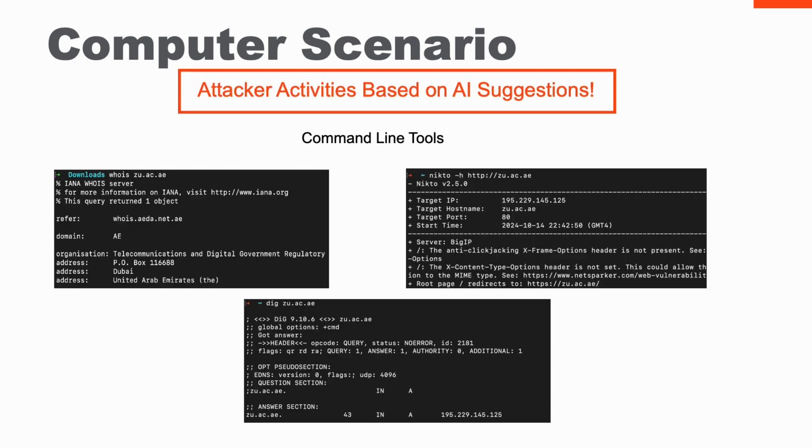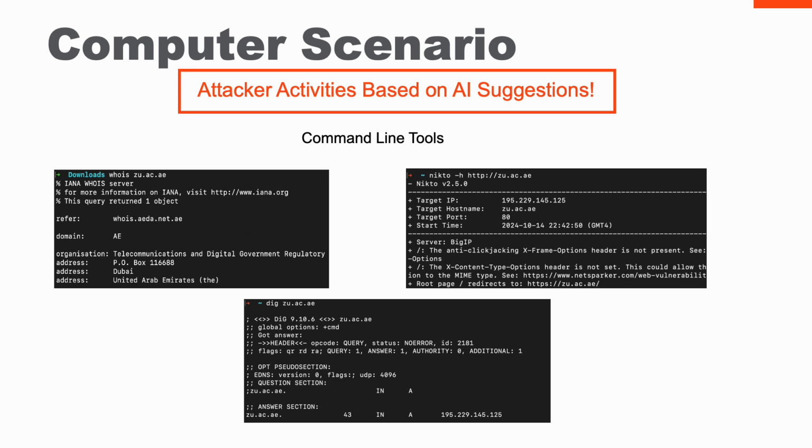And here we assume that the attacker utilized the command line based on ChatGPT's recommendation, which involves using whois with the target domain, as well as Nikto. Nikto is a web vulnerability scanner, as well as a dig tool, which is commonly used for DNS resolving.